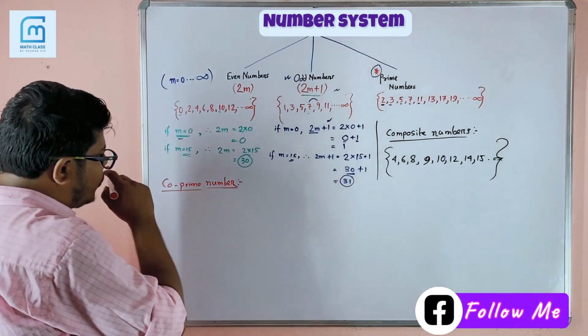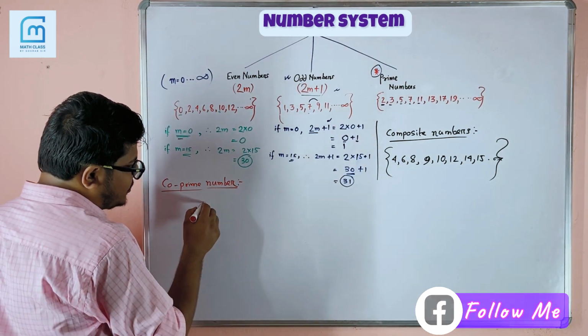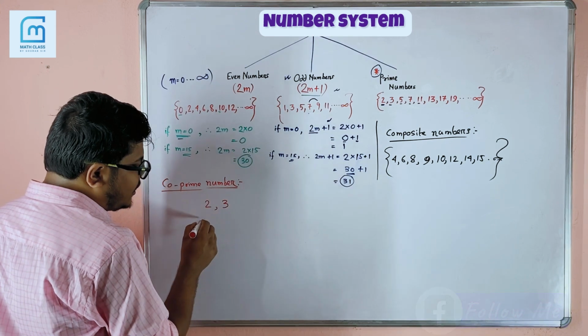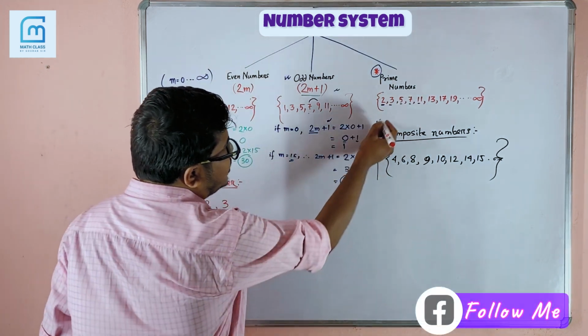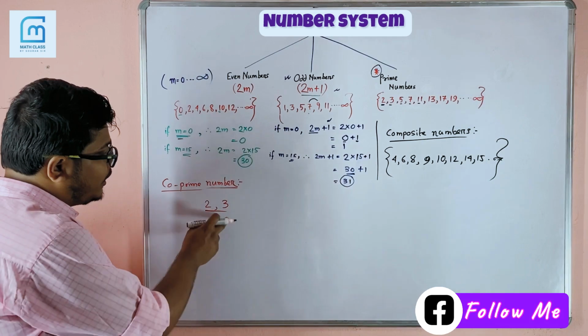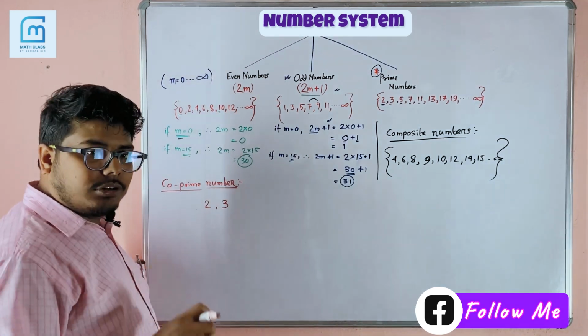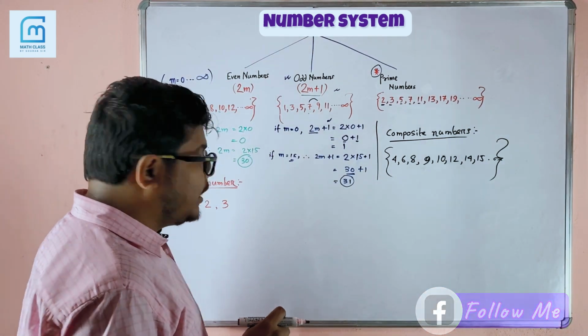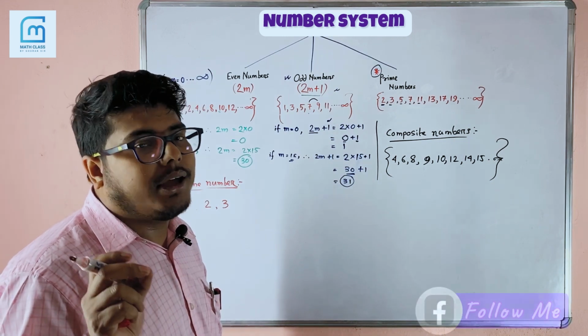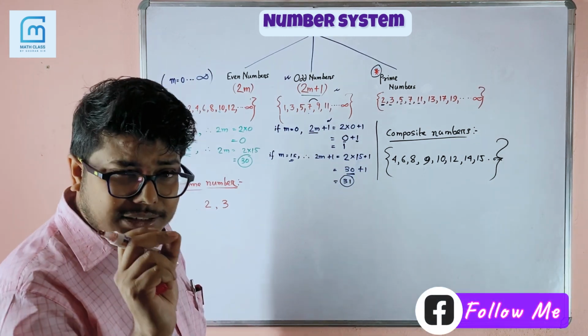Suppose I am taking 2 and 3. You will say, sir, 2 and 3 are already mentioned in the prime numbers, so why will they be co-prime? In the definition of co-prime, it is mentioned that co-prime numbers don't have any common factor other than 1.